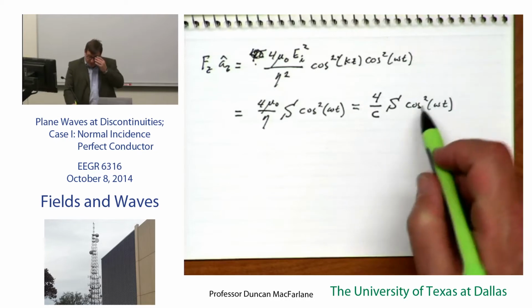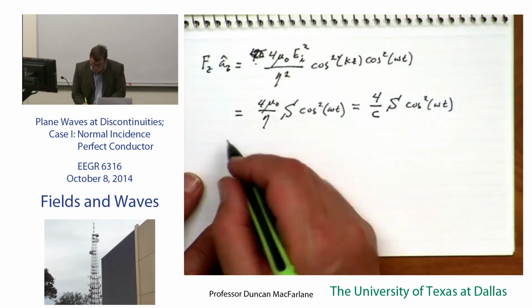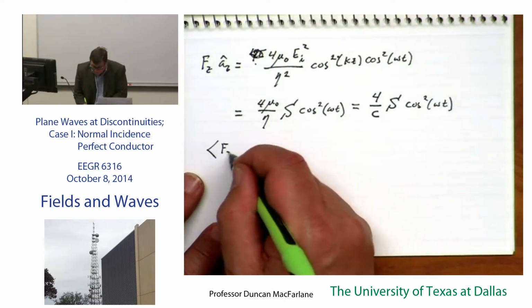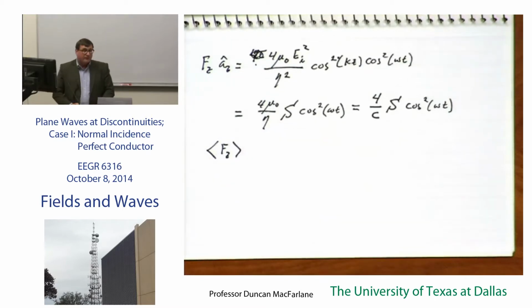Now, the cosine squared is interesting because that means that I can look at the time average of F sub z.